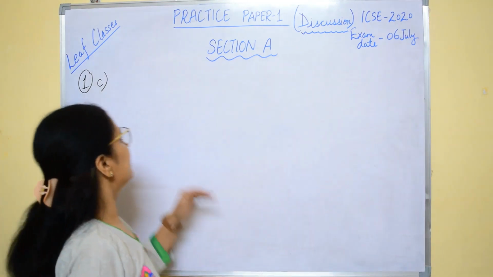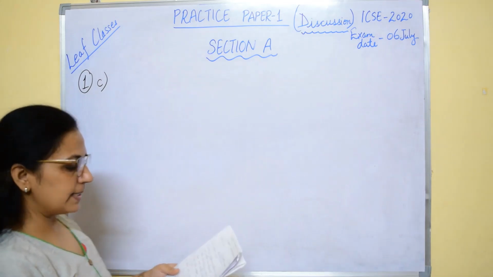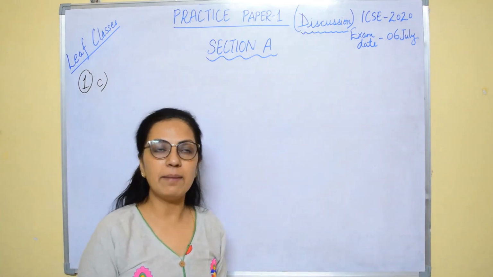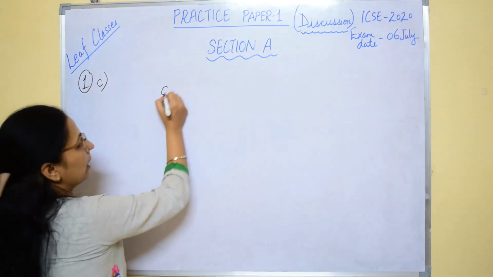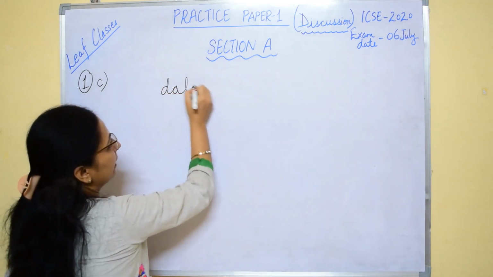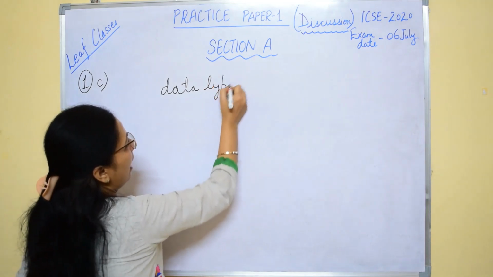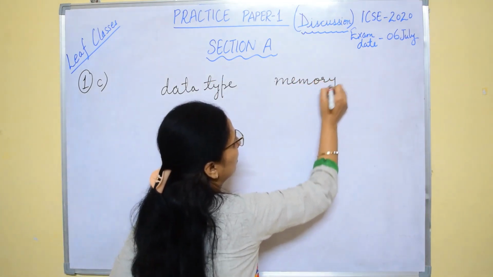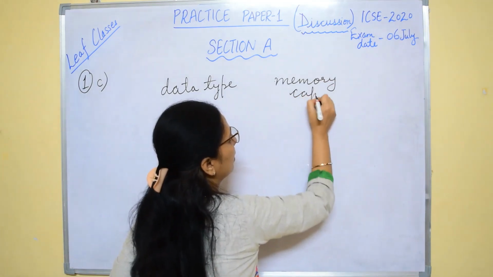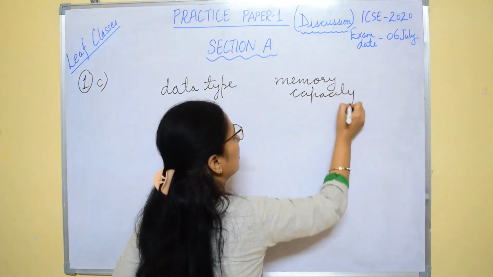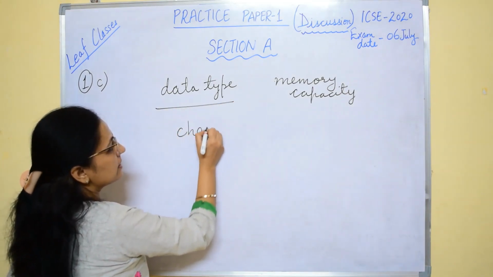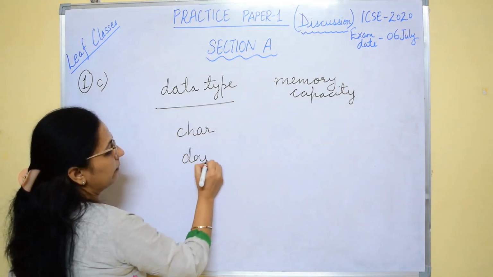C part of question number 1 says write the memory capacity for char and double data type. So you can write it like this: data type and memory used. Give the headings, the data types for which it is asked, char and double.